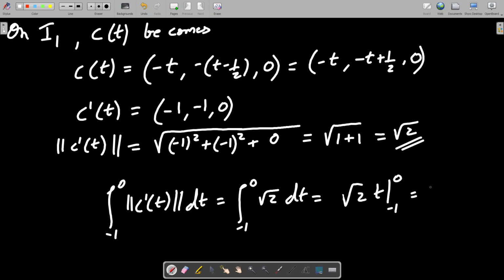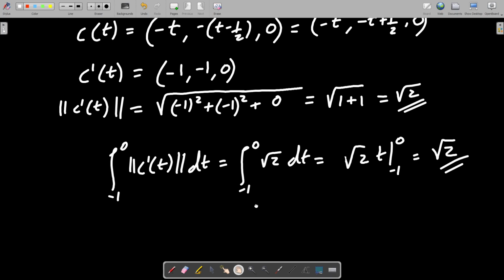Minus minus will make it plus, so what will remain here is only root 2. After integration only root 2 will remain there. Now what will happen on I2?